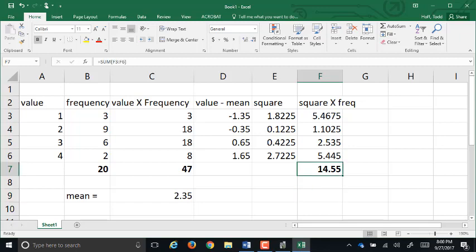What's my next step? What's n here? Total frequency is 20. So I'm going to divide by 19.